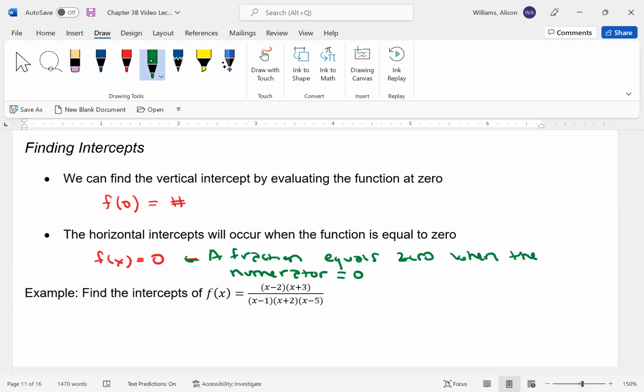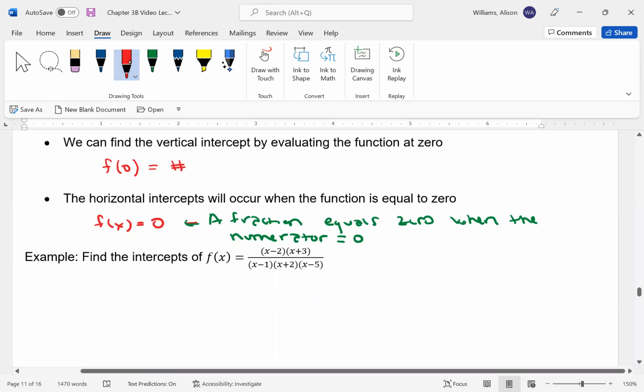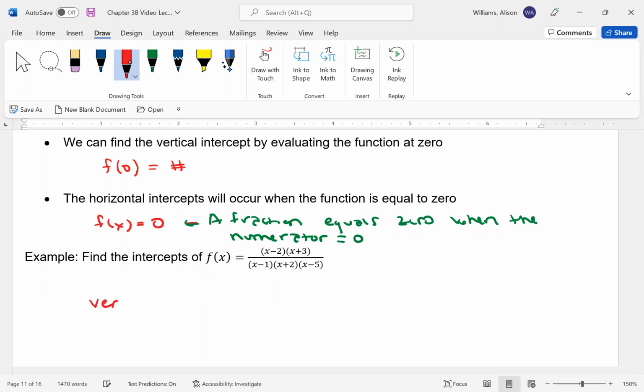So let's look at that in the example we just did. Let's find the intercepts. We're going to find both the x-intercept and the y-intercept, or in this case, they've been calling it vertical intercept versus horizontal intercept. So the vertical intercept means I'm going to plug in 0. So that's going to give me 0 minus 2, which is negative 2, times 0 plus 3, which is 3, which is going to be negative 6.